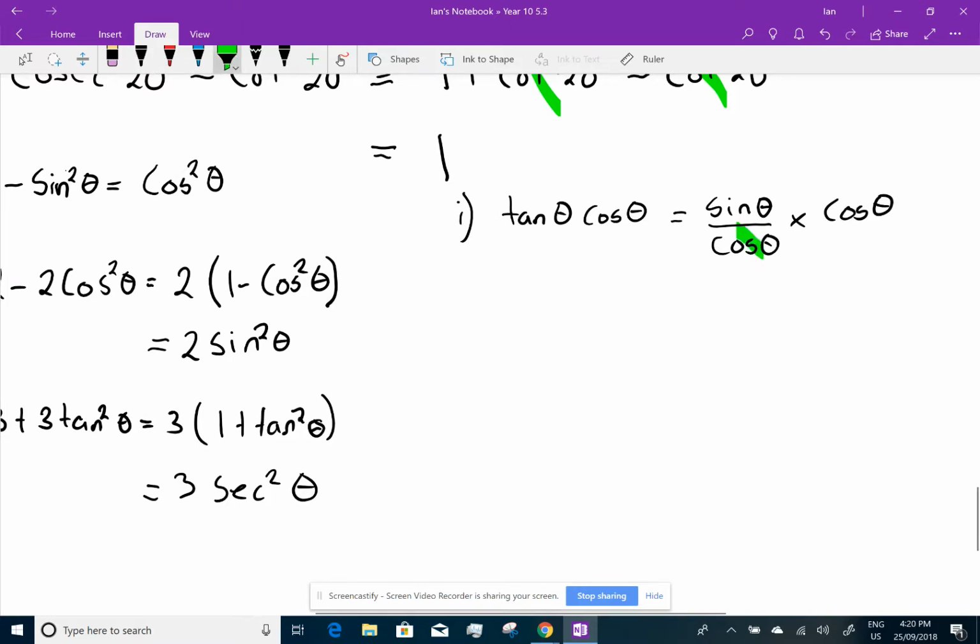And look at that, the cos thetas just cancel, leaving me with sine theta. Now what you can do at this point, if you're having trouble, you can just check on your calculator and put some angles in and see if tan 30 cos 30 equals sine 30.